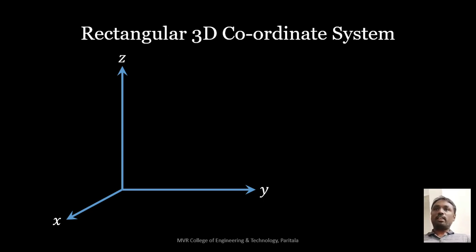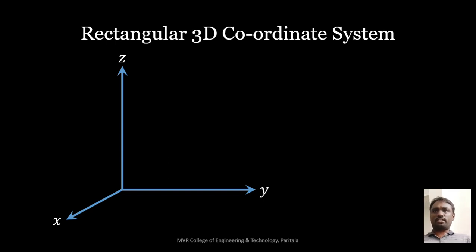Thereafter, conversion, and then the maximum limits of the coordinate system. These five things you need to know about a 3D coordinate system. Later we can discuss all these five things in detail. First we need to discuss the planes.